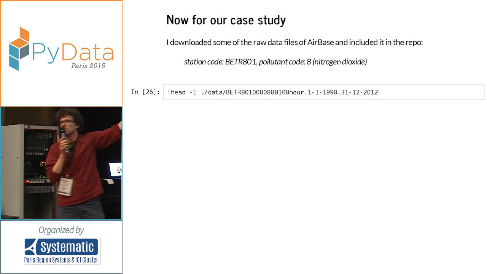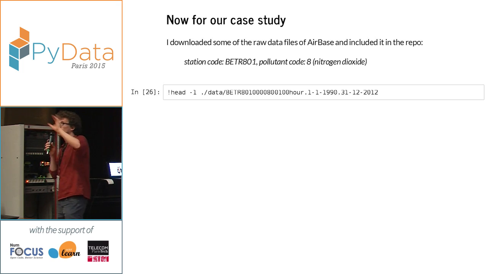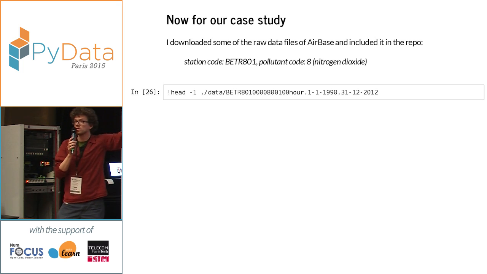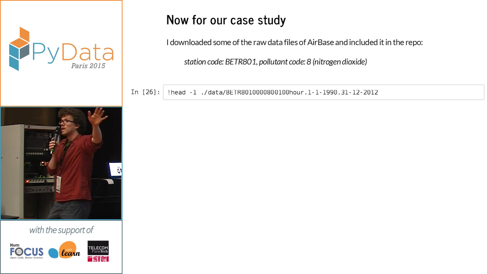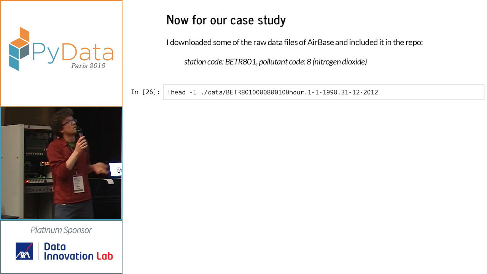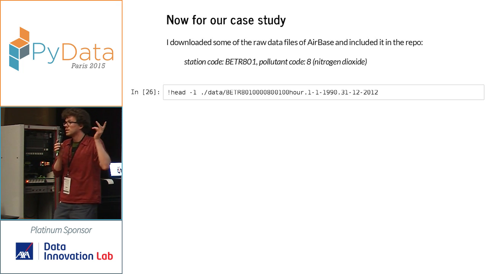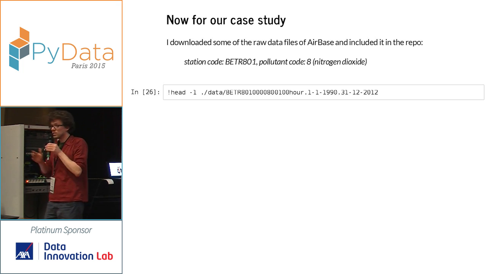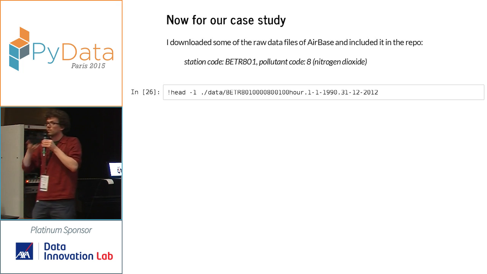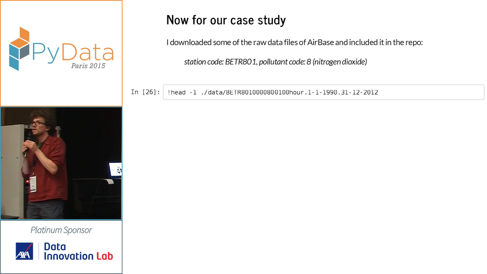I showed here the first line of the data file, and you see that it's structured as I have a date, and then I have my 24 hours as one row. It's a typical data format that you see a lot, and not really a very handy format to analyze your data, but it's like that.